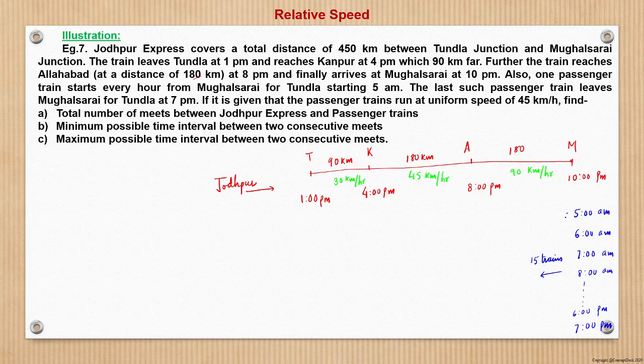If we check for the extremes, that is the first train and the last passenger train, and those two trains meet, then we can be certain that the middle trains will also be meeting somewhere, right? So we just check for the first and the last train. All the passenger trains run at 45 km per hour.